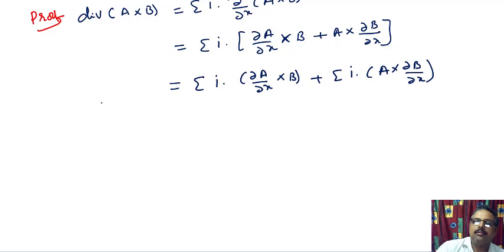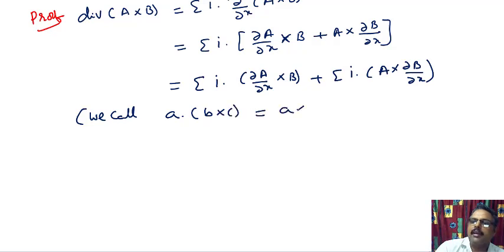Here we recall a known formula: A dot B cross C equals A cross B dot C. And we also recall another formula: A cross B equals minus B cross A, where A, B, C are all vectors, don't worry.